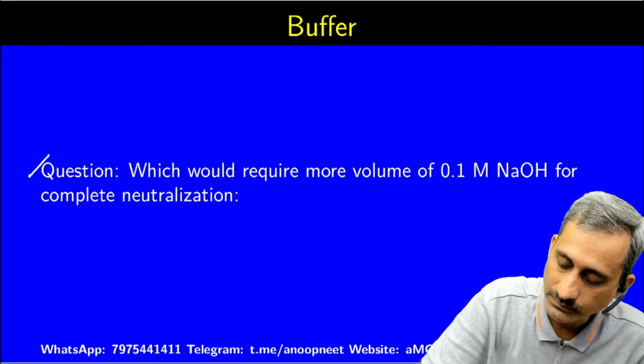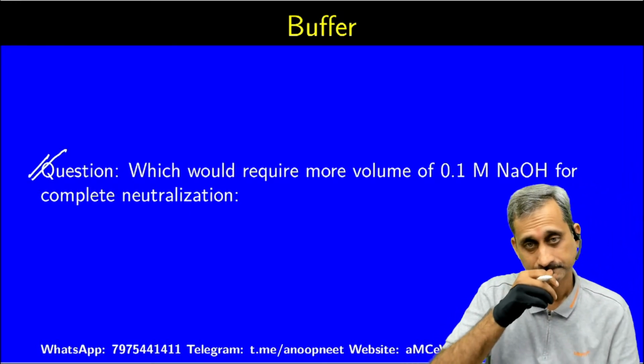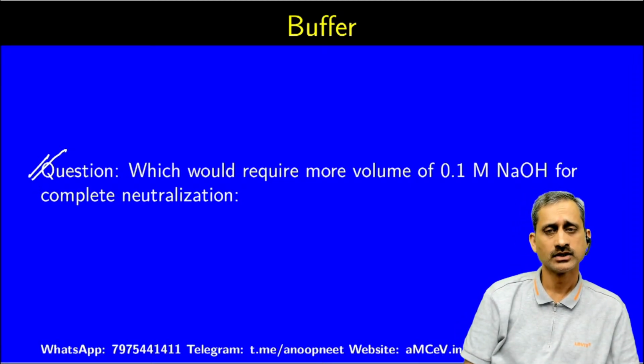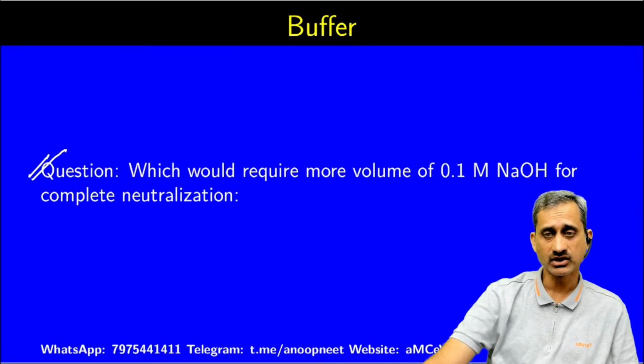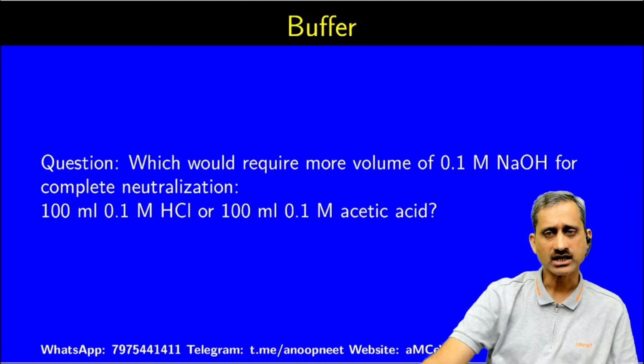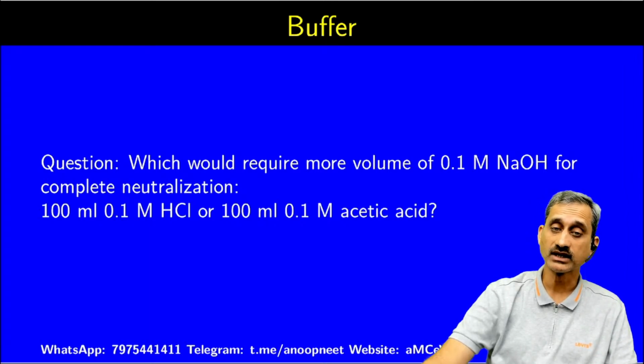Okay, now let's ask a question. We have sodium hydroxide, 0.1 molar, and we are using it to neutralize some acid. Which of these will require more sodium hydroxide for complete neutralization? 100 milliliter 0.1 molar HCl or 100 milliliter 0.1 molar acetic acid.